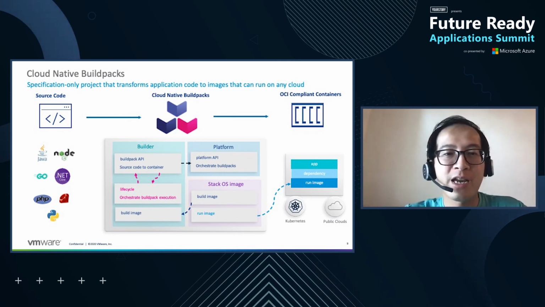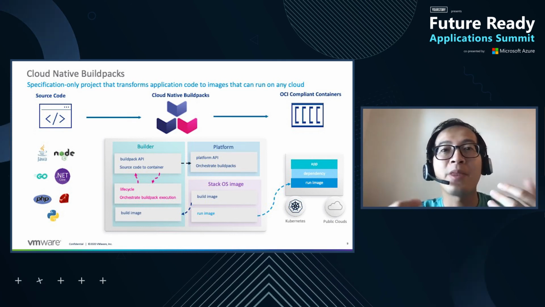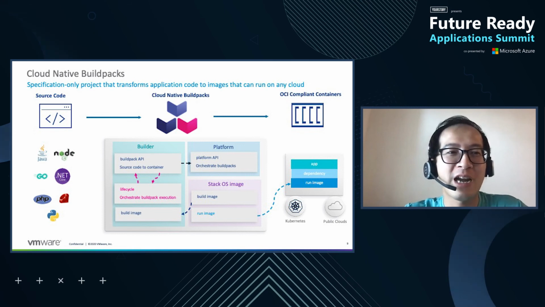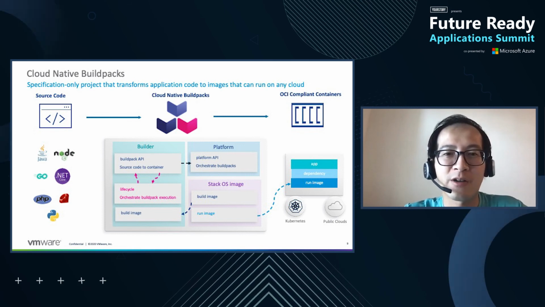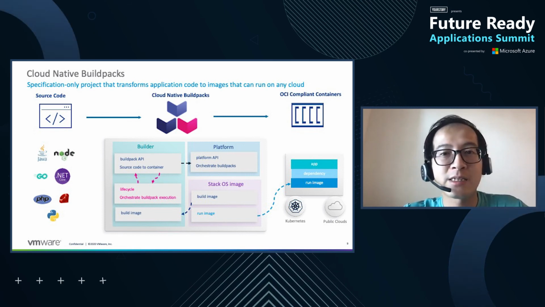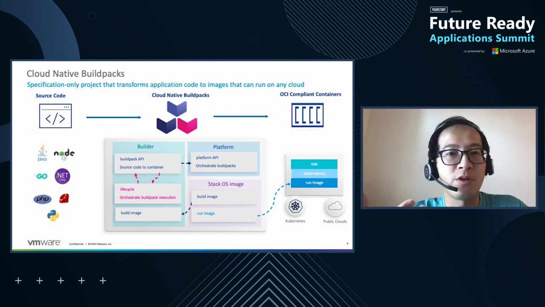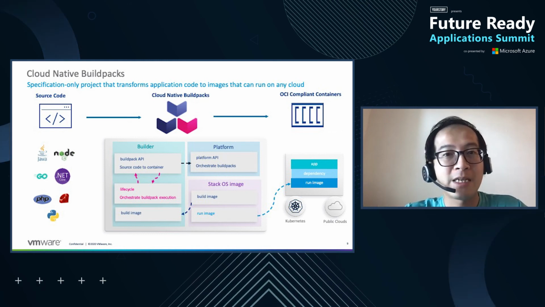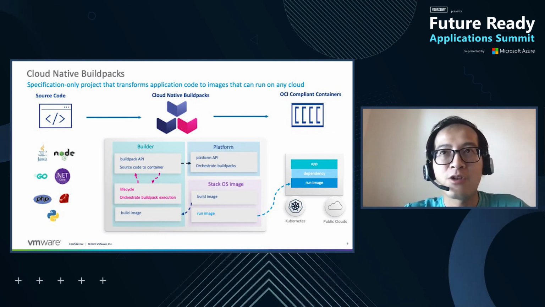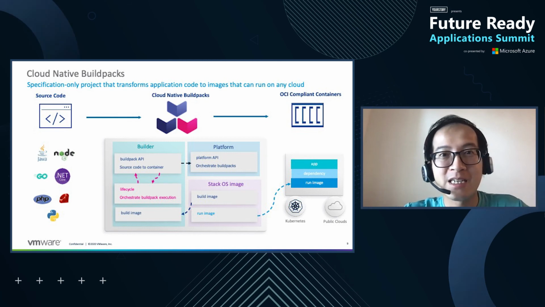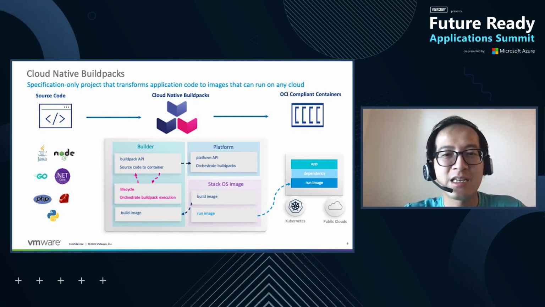So for example, if you write Java applications, I know you write 12-factor apps, I know you design for cloud native, but every time there is a security update for the JVM itself or for the base OS itself, you will have complexity in tracking the changes here and there.